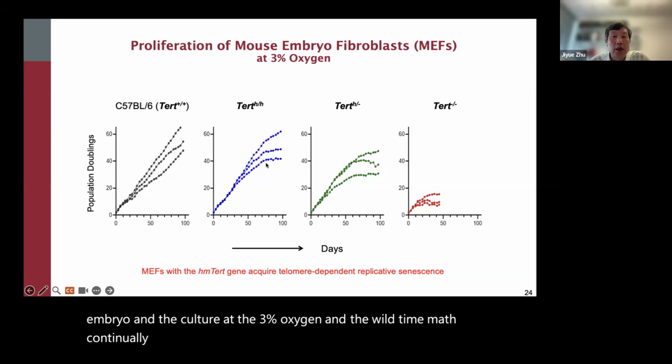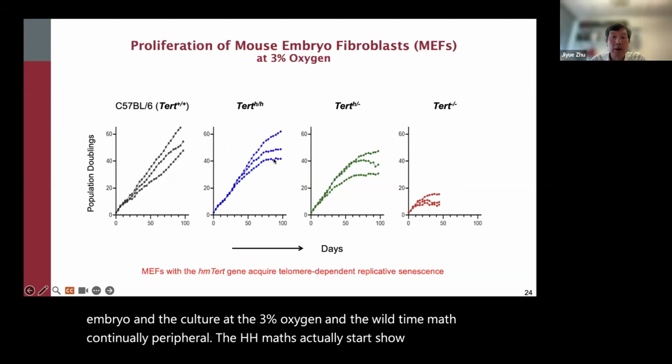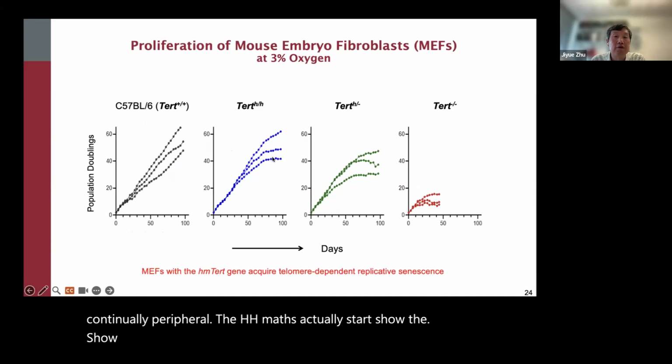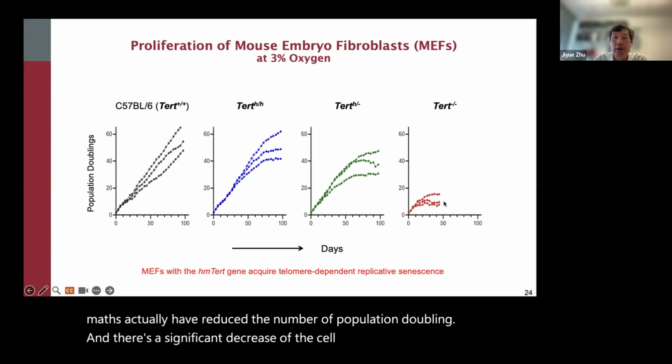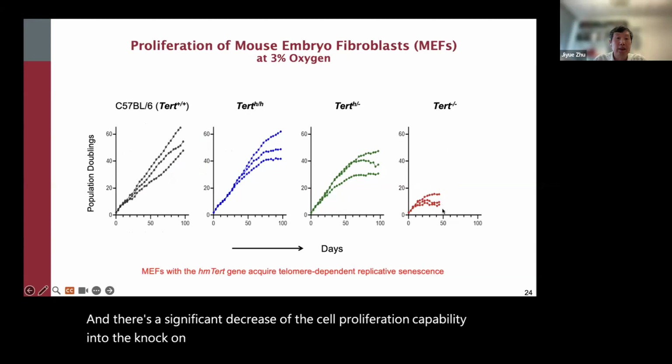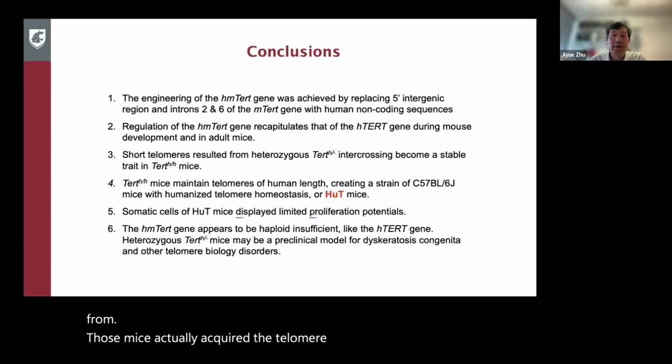The HH MEFs start to show a plateau after 40 population doublings, and the heterozygous MEFs have a reduced number of population doublings, and there is a significant decrease of cell proliferation capability in total knockout mice. These data indicate that the MEFs from HH mice acquired telomere-dependent replicative senescence.